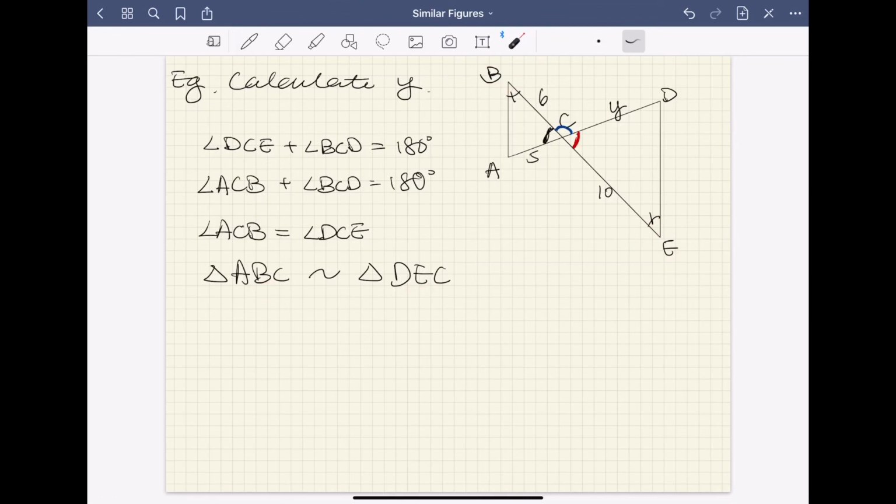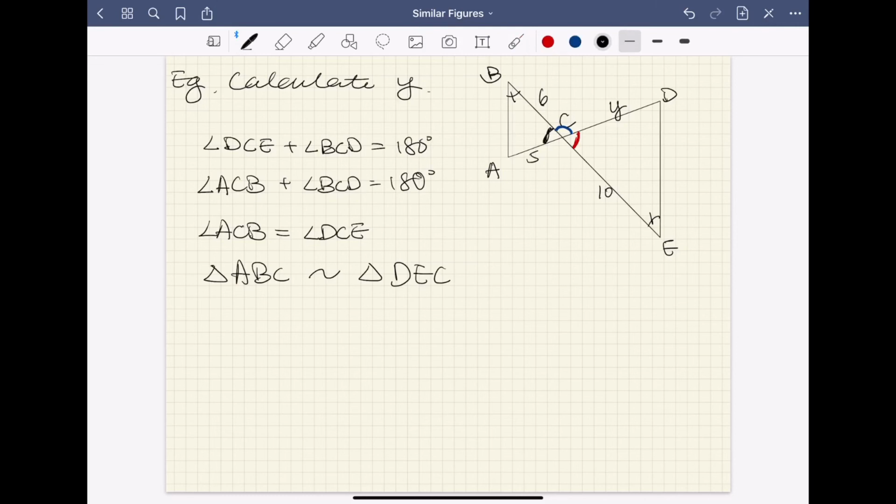And we know angle ACB and angle DCE are the same, so both of these are at the end. And for sure, then angle A and angle D are the same. So we have the corresponding angles in order. It makes it easier for me to find the corresponding sides. Okay, so now let's move on.